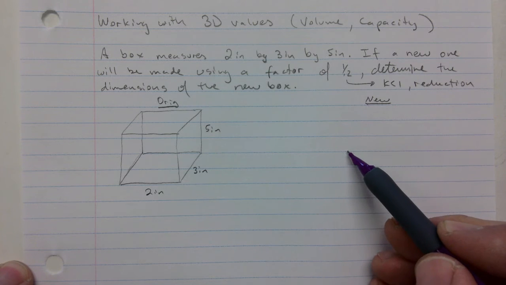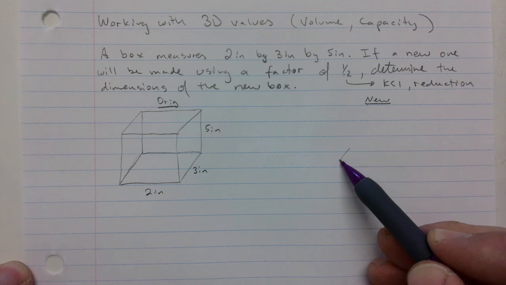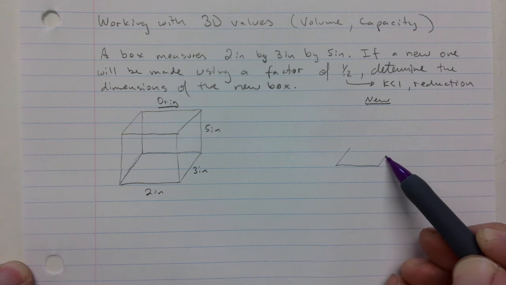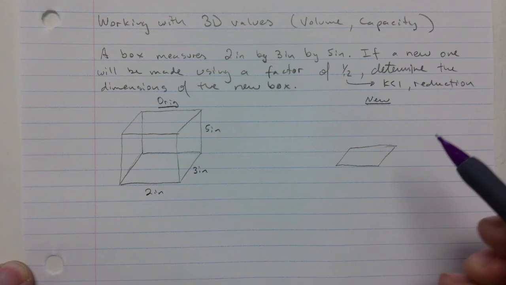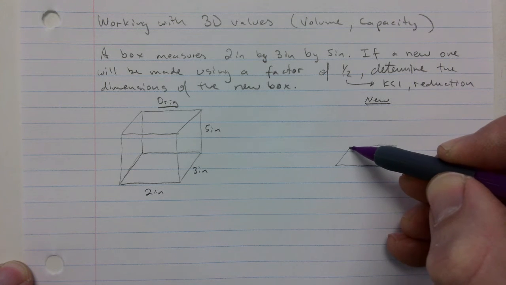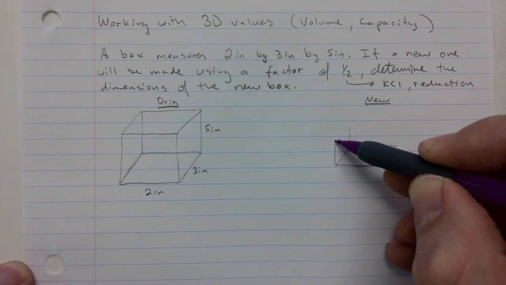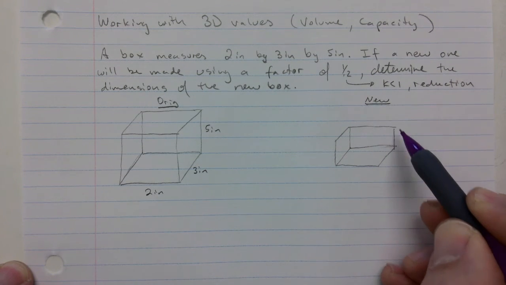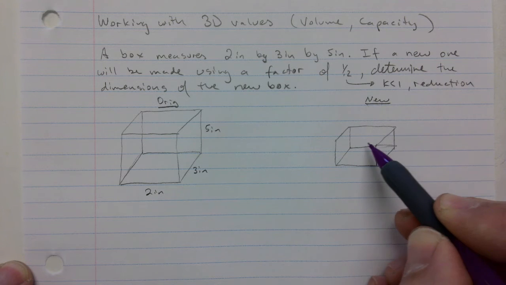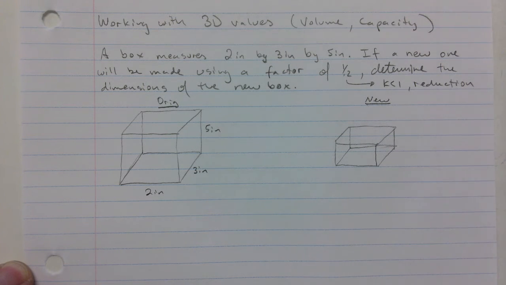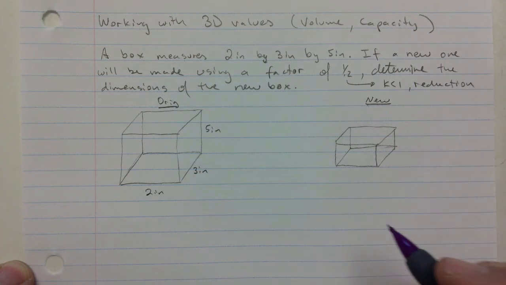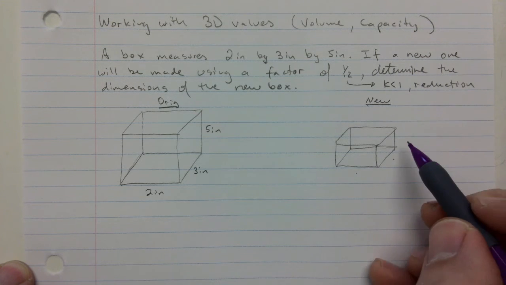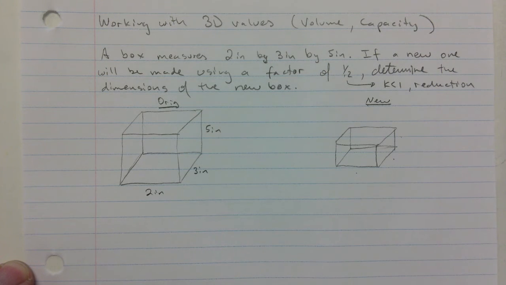So make sure that it looks a little smaller, right? Doesn't have to be perfect. Okay, there's my new box, and I need to know the dimensions of each one of those.